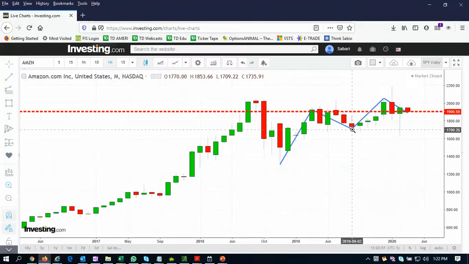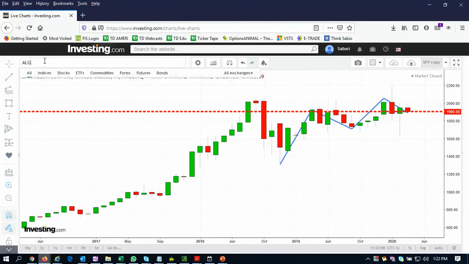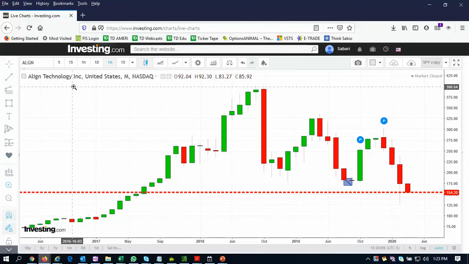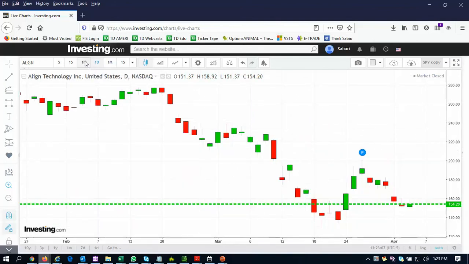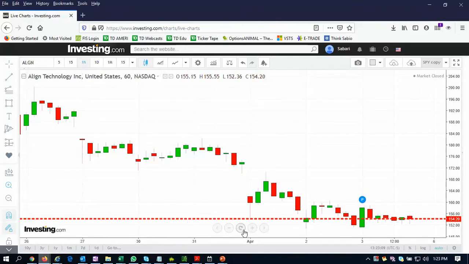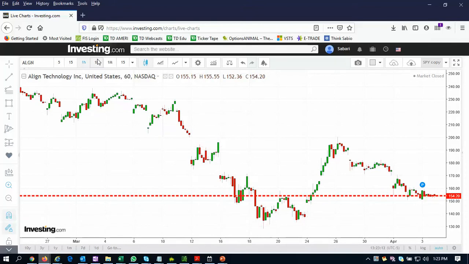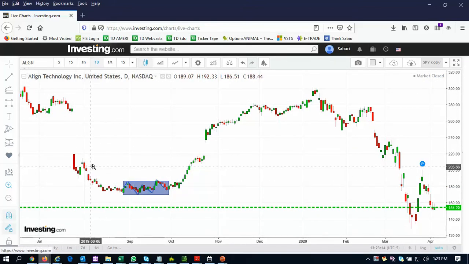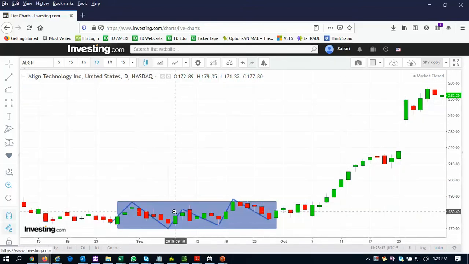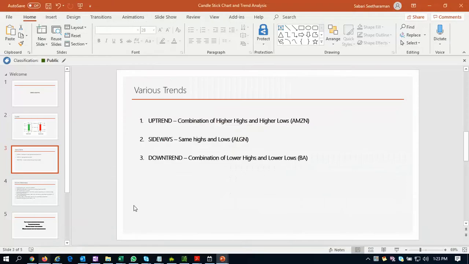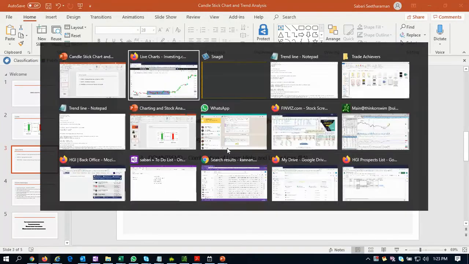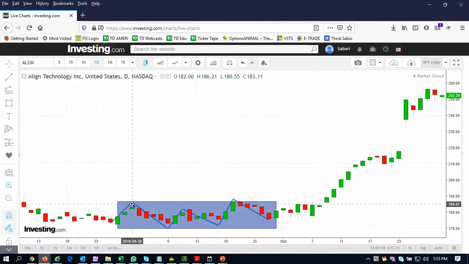The next one is sideways. So here if you see, what is the definition of sideways? Same highs and same lows. Like we have a low, a high, we don't have any higher highs.